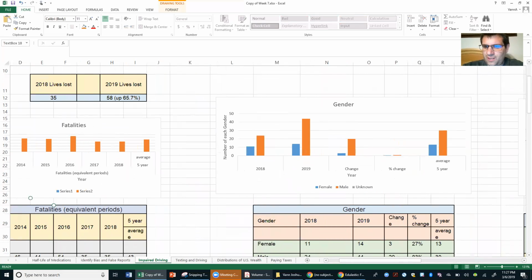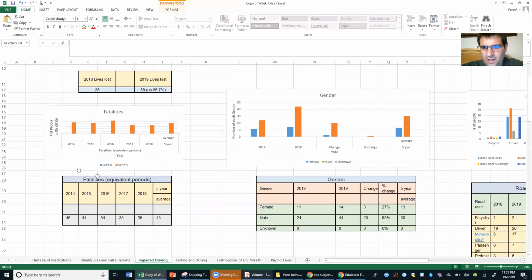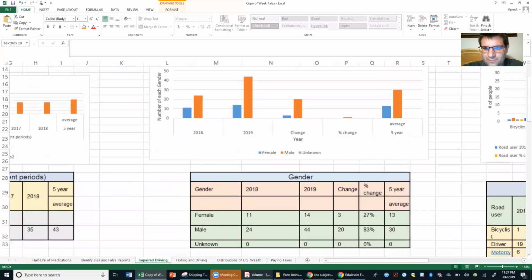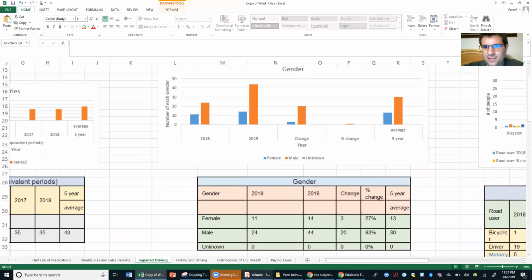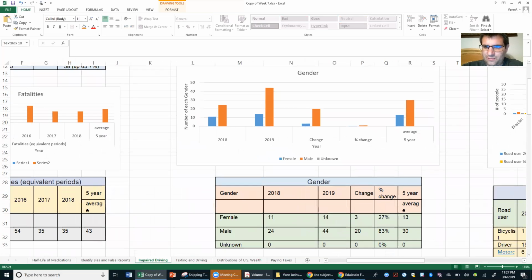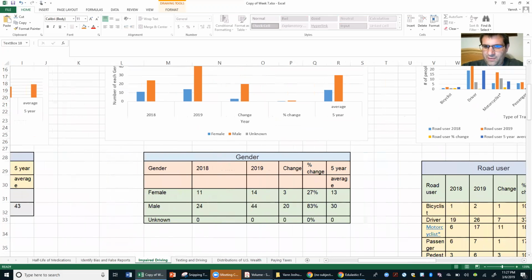The first bar chart that we actually made compared the different genders and how many fatalities each year were based on whether they were male, female, or unknown, and then what the change was, and then what the percent, and then what the 5-year average.